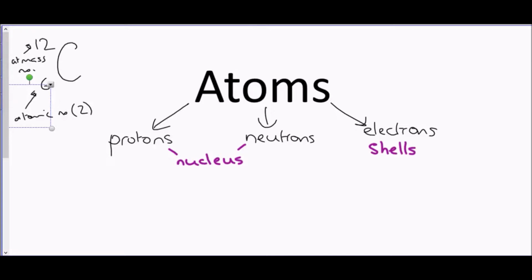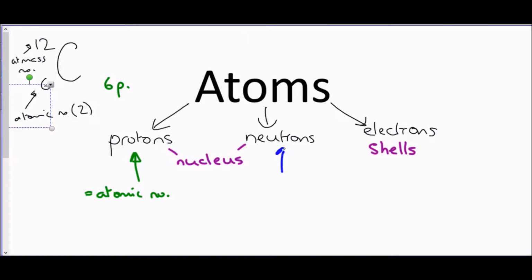The number of protons is equal to the atomic number. So carbon has 6 protons.